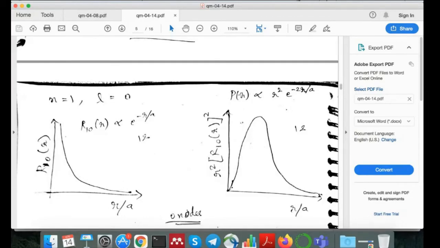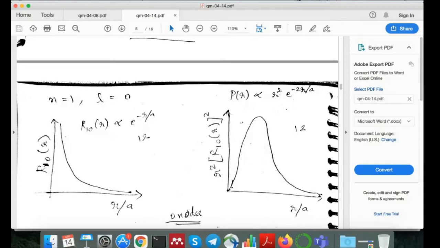If you now look at the probability, there is an r square into e power minus 2r by a. You know where this minus 2 comes from, right? Because you're squaring the wave function, you get e power minus 2r by a, and then you're multiplying it by r square. So this is your probability density, plotted versus r by a.